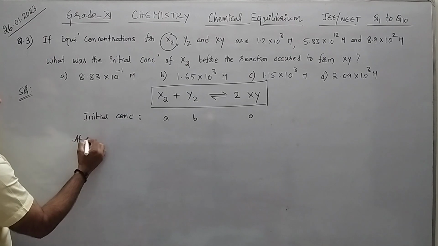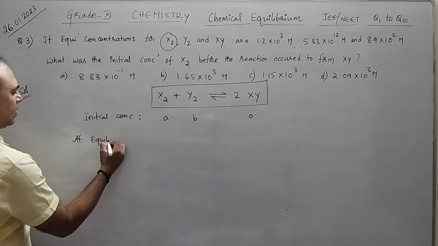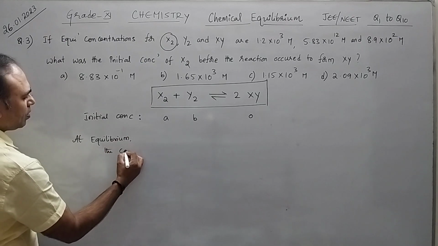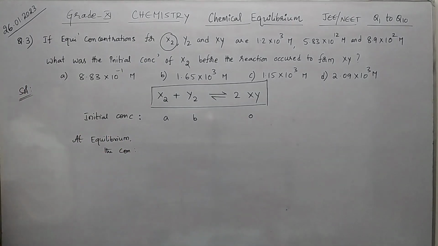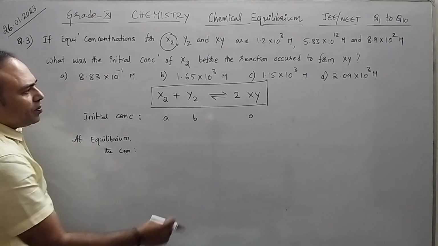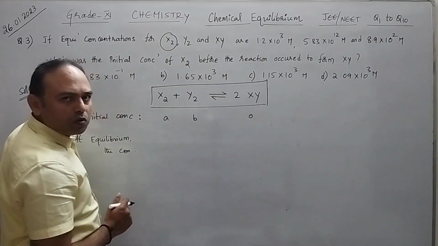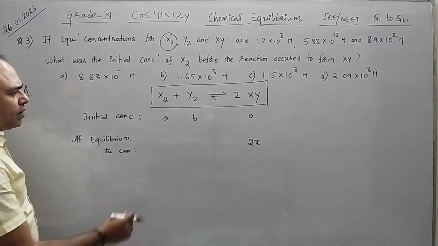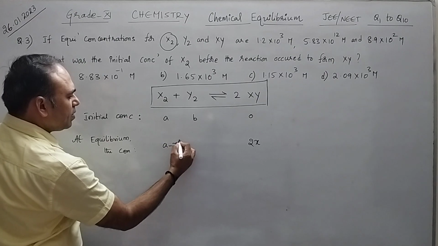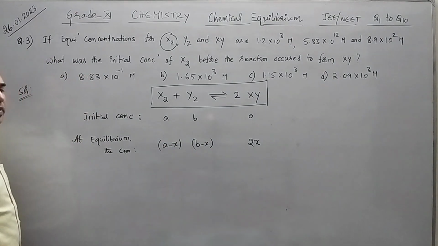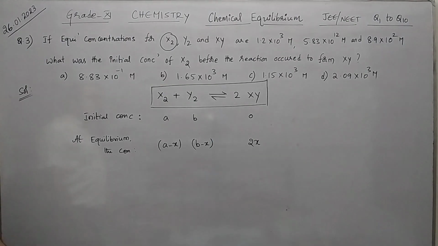Second one is at equilibrium, the concentration of the reactants as well as product. Because the coefficient is 2 for xy, we can take it as 2x. This will become a minus x and y2 will be written as b minus x. So this methodology we have already discussed. Very simple.